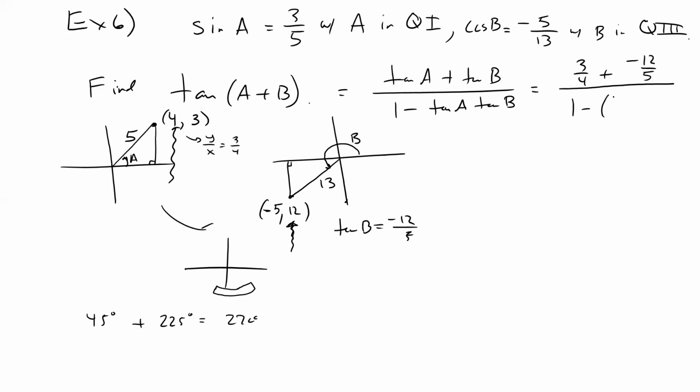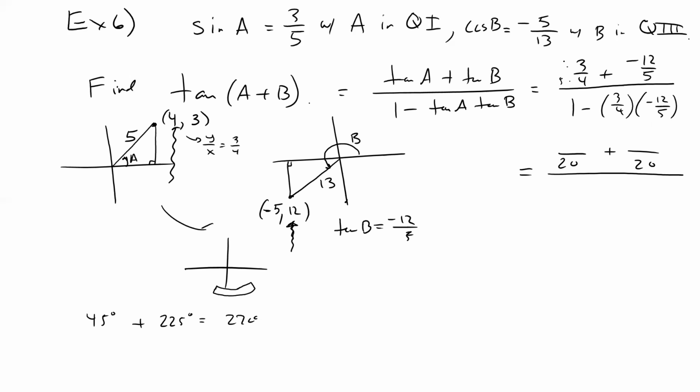1 minus the multiplication of the two together. And a little bit of work here. 20 is the common denominator for the top, so I'm going to go with 20 here, 20 there. Tell me if you guys agree here.